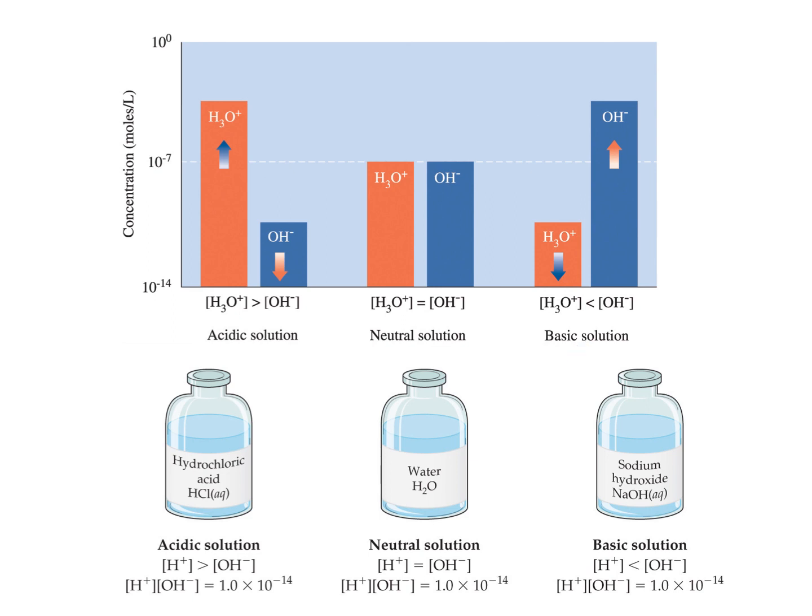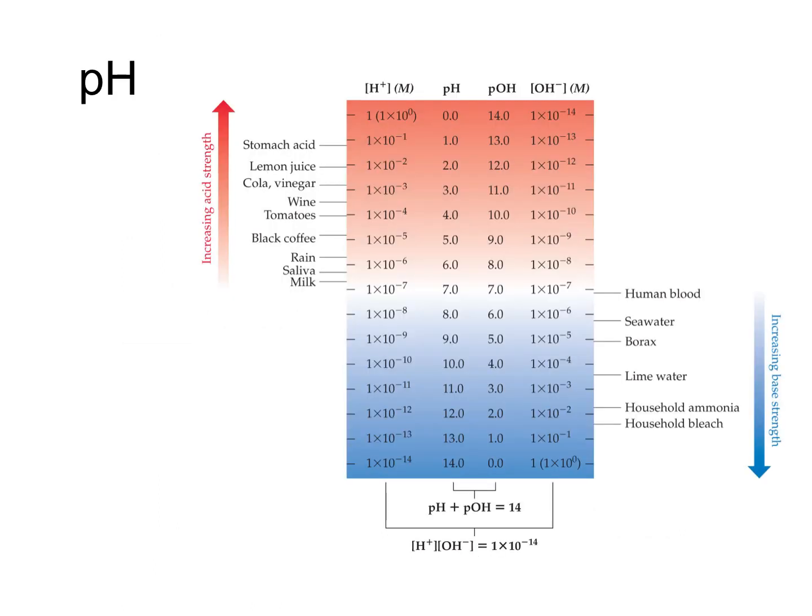Now, I want to point something out to you. When we look at this chart, you're going to see the hydronium ion concentrations here and the hydroxide ion concentrations here. And these are really unwieldy numbers. And so one of the ways that we can take really unwieldy numbers and make them more manageable is to use a log function, for example.